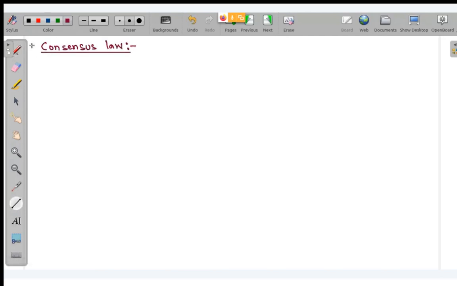Any one of you, have you heard about consensus law? Okay, you haven't heard. So can you minimize this expression and tell me what this will be? So minimize this one.